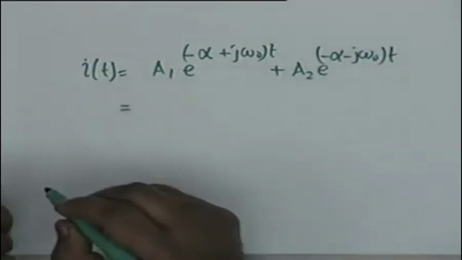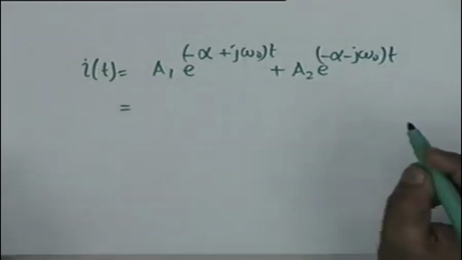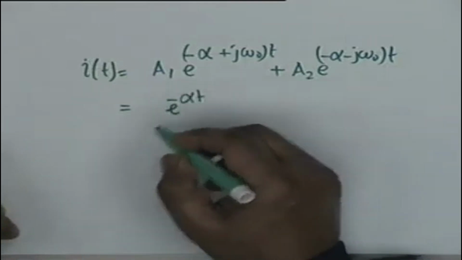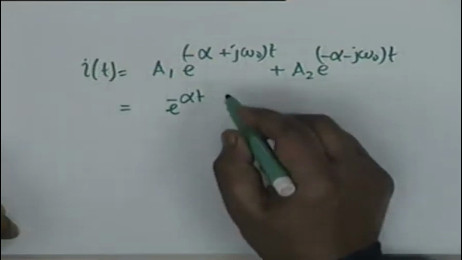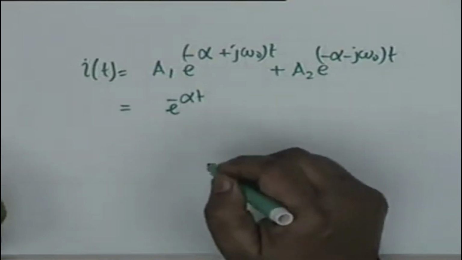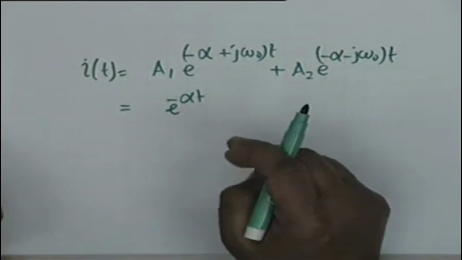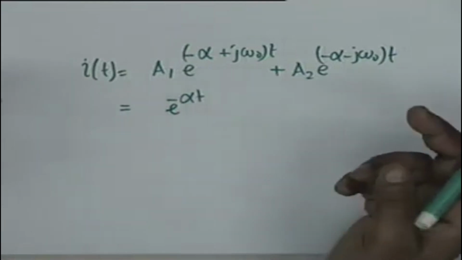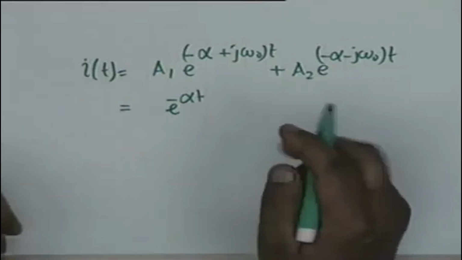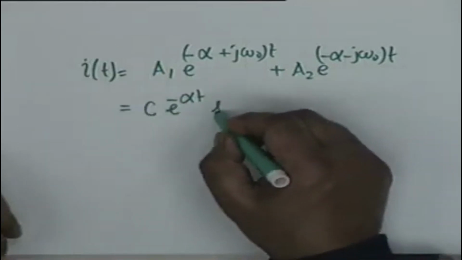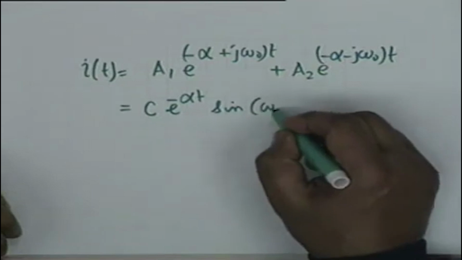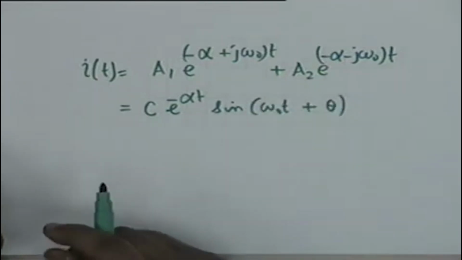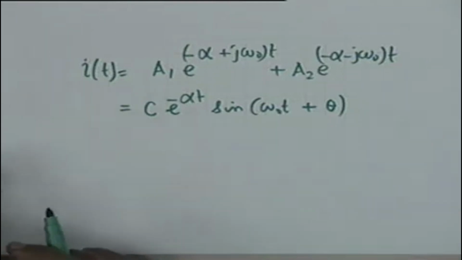And we argued that if I take e to the minus alpha t out, then the rest of the quantity inside the brackets could be put in terms of cosine and sine, and the cosine and sine could then be combined into this particular form, sine of omega 0 t plus theta.